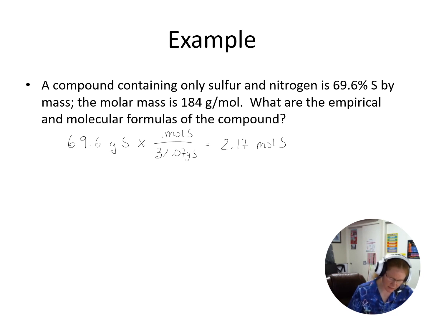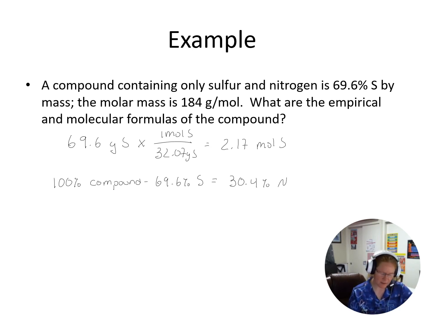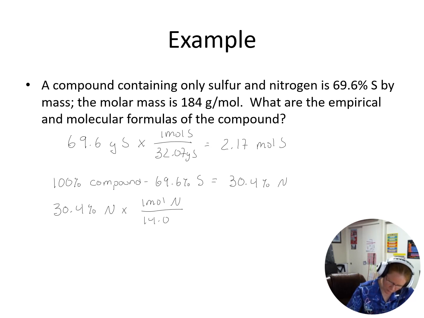Now, for my nitrogen, I take 100% of the compound minus 69.6% sulfur, which gives me 30.4% nitrogen. Then we take our 30.4 grams of nitrogen times 1 mole over 14.01 grams, and we get 2.169, which gives me 2.17.